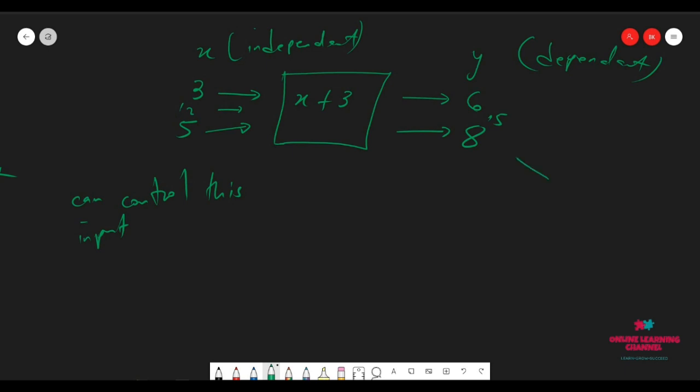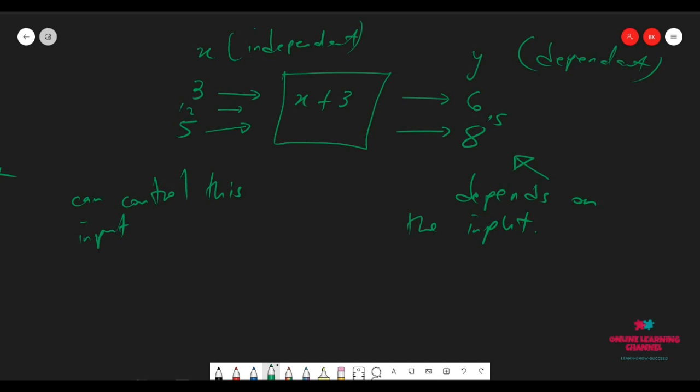This is a dependent variable because this output depends on whatever input that was plugged in. So this always depends on the input. So we cannot change this.